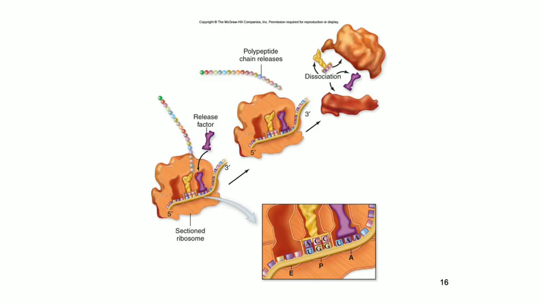So here it shows that a stop codon was hit. There's a release factor instead of a transfer RNA. Everything dissociates and moves along. The messenger RNA would just get recycled, it would get broken apart, and the pieces would be reused, while the new polypeptide chain would immediately fold in on itself.